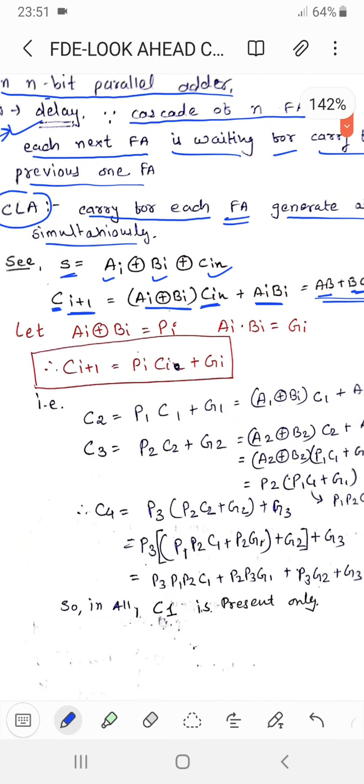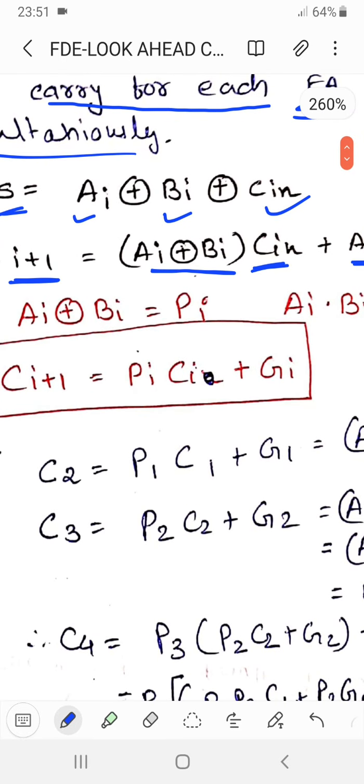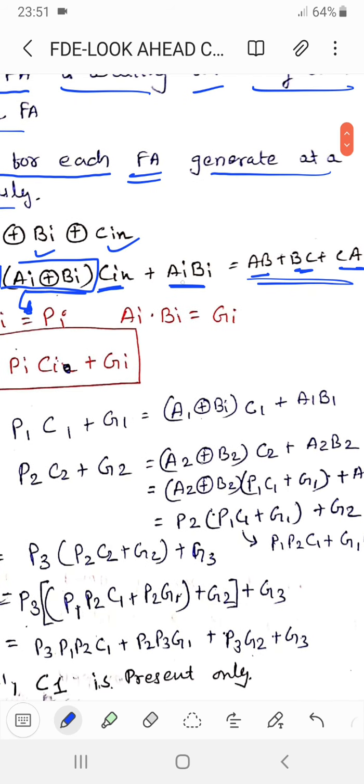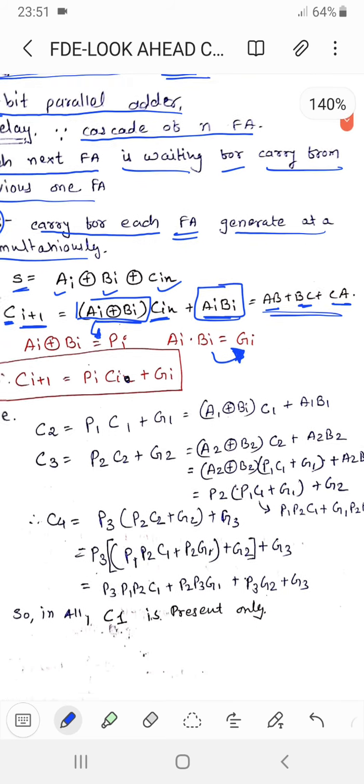Okay, let us put this in the equation. Ai plus Bi we call the propagate term Pi, and Ai dot Bi, or Ai into Bi, is Gi, the generate portion of the carry.